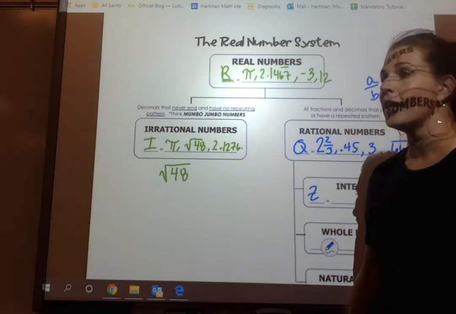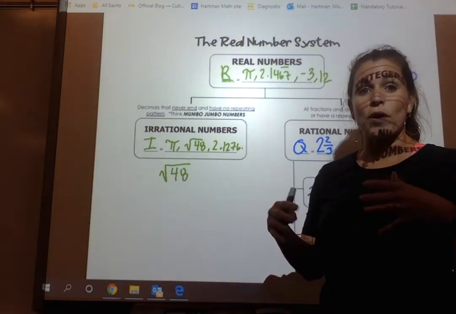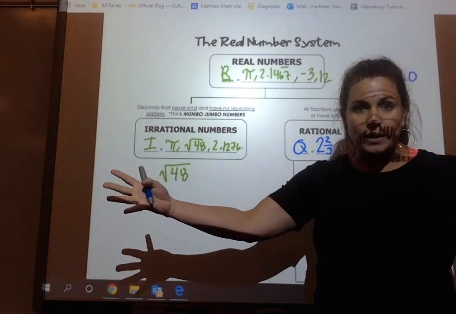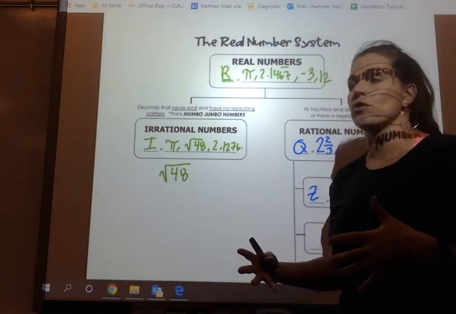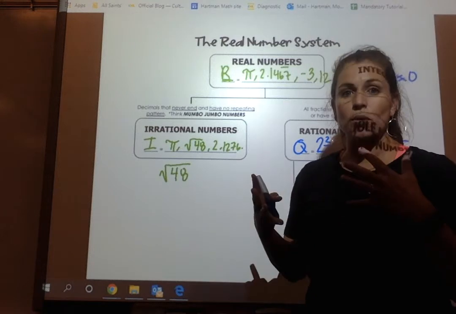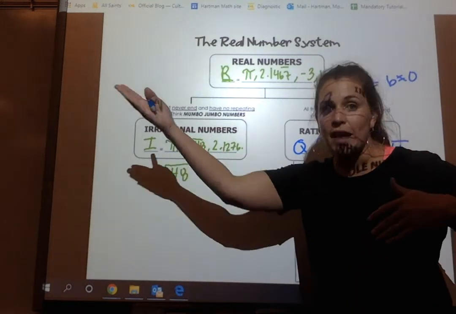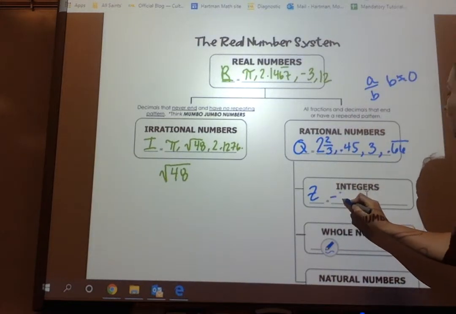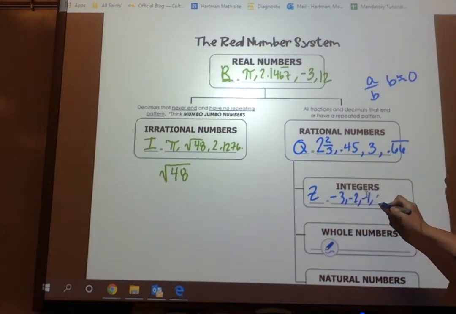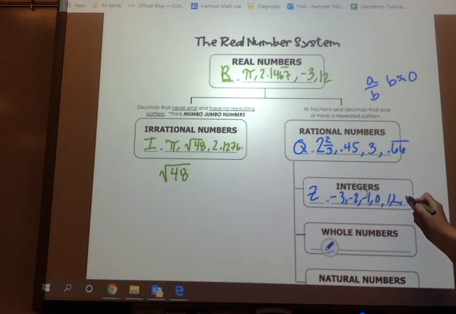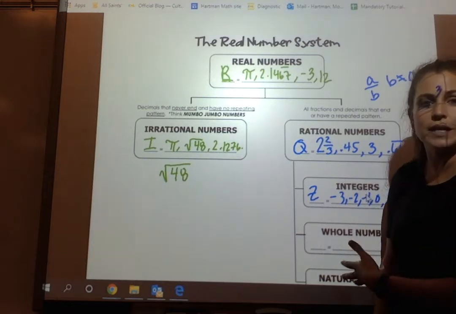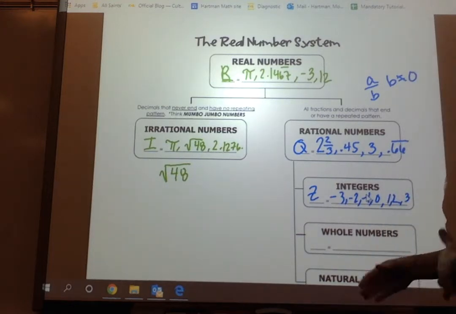An integer is any whole number that's negative or positive. So when you think of integers, I want you to think of the number line that you saw in kindergarten or in elementary school. All the teachers had it, negative numbers through positive numbers. And they're all counting numbers. They're easy to count.